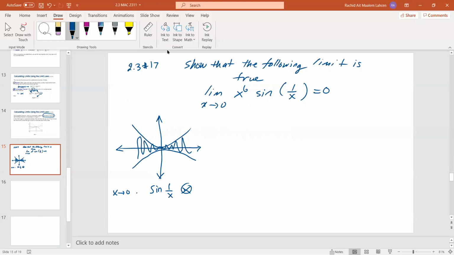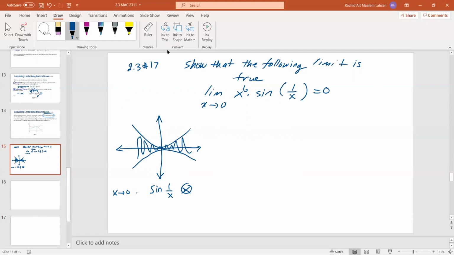You can't say this sine of 1 over x is 1 or 2. It's like undefined. But we know that the sine value is between -1 and 1, right?